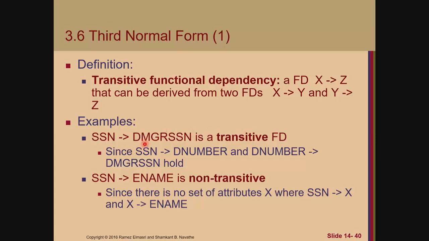because SSN can determine the department number, and department number determine the manager SSN, right? So when we know the employee, we know the manager of the department that the employee belongs to. We know this relation is the transitive functional dependency.